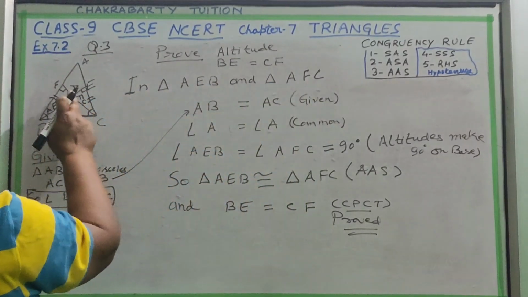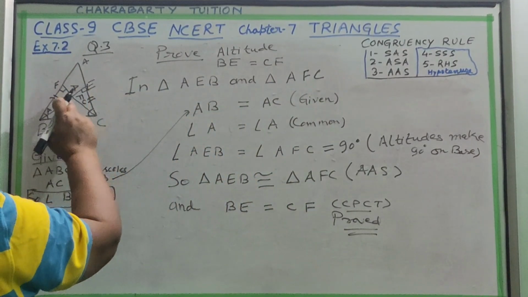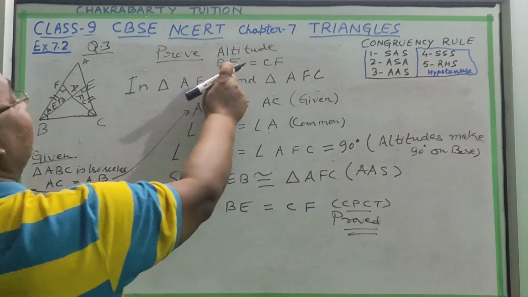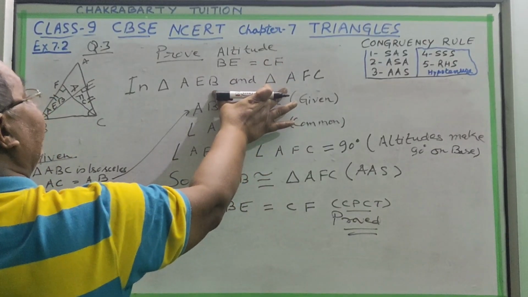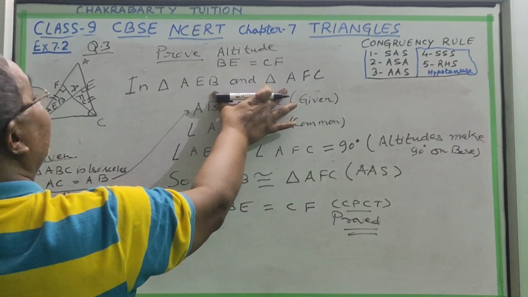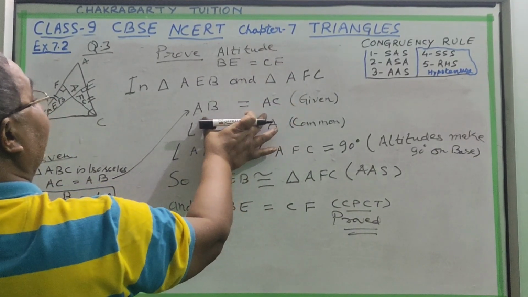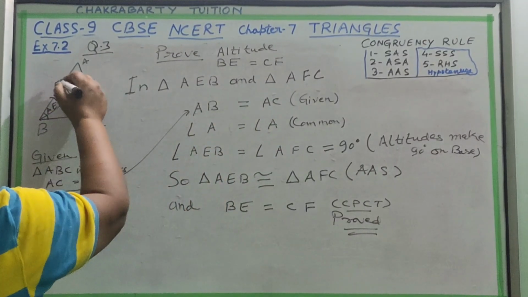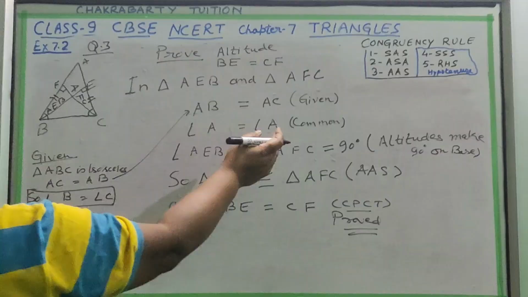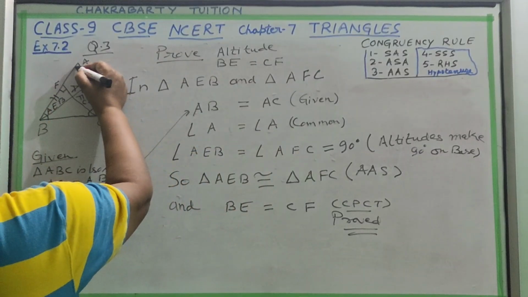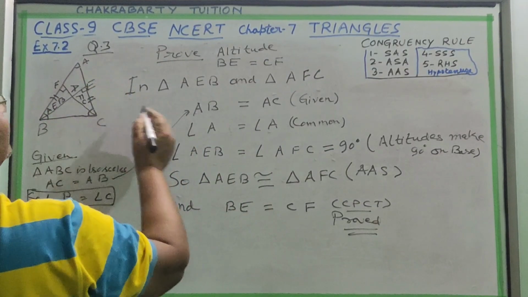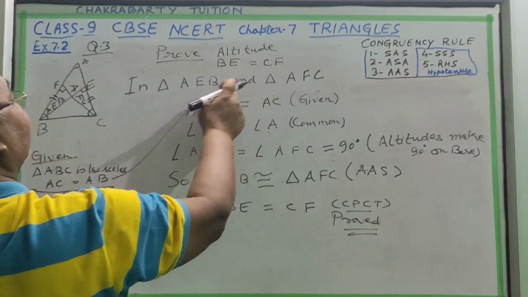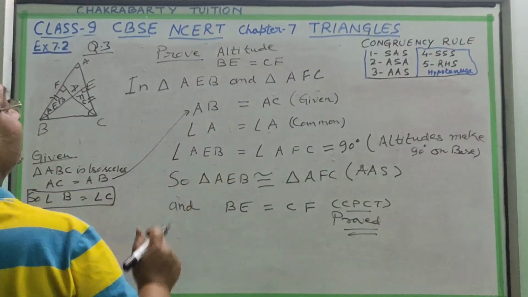In triangles AFC and AEB we can find these two lines, so we will take these two triangles for our consideration. Then AB equals AC, it is given already. Angle A is common to both the triangles.